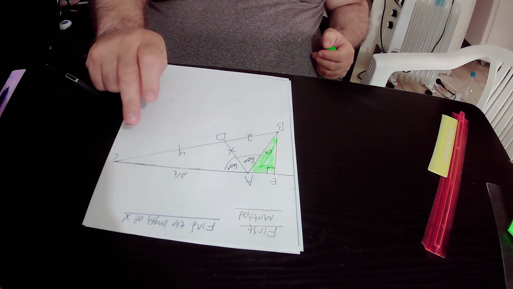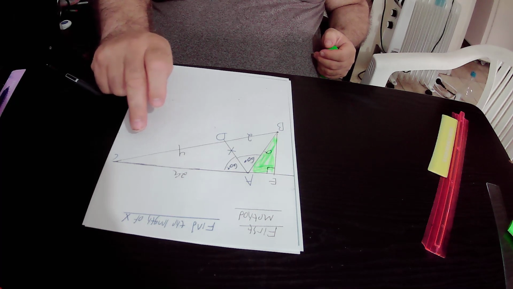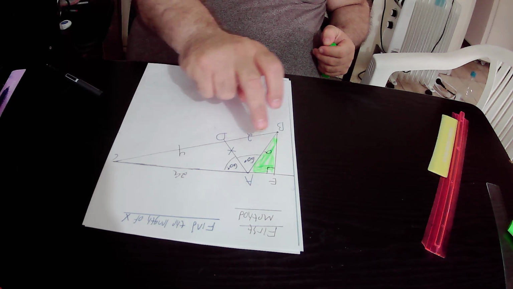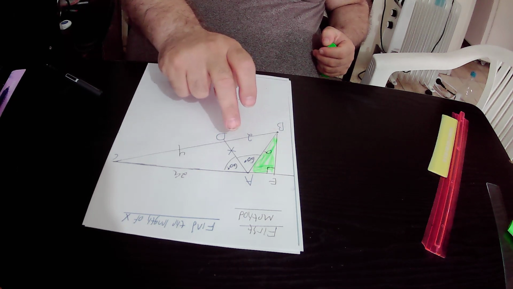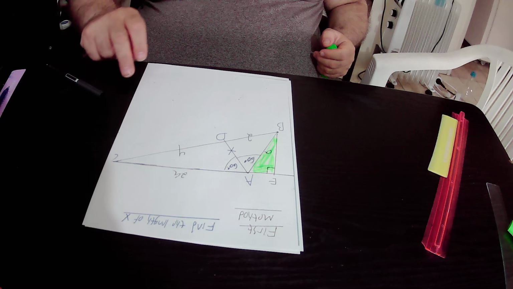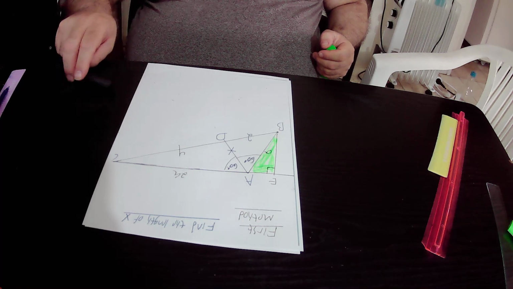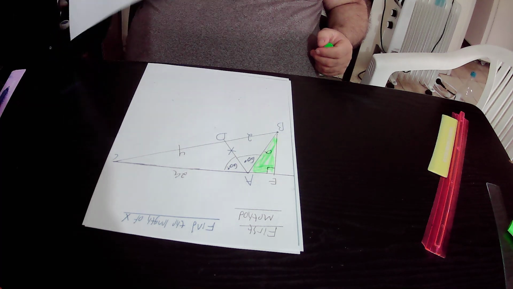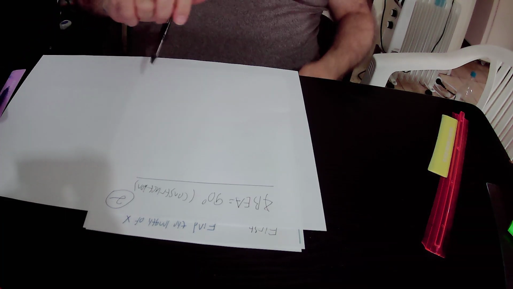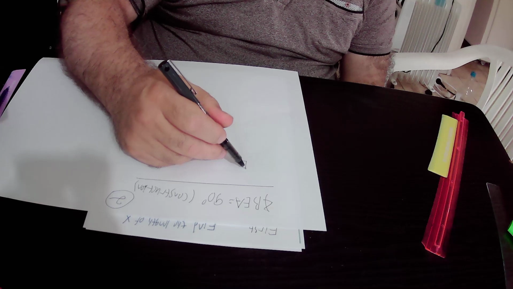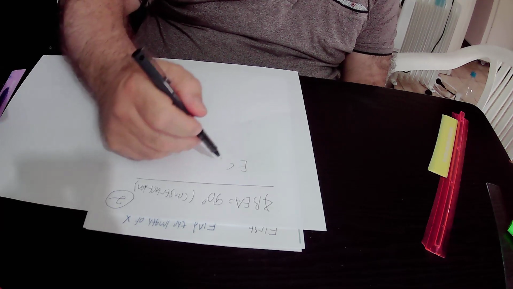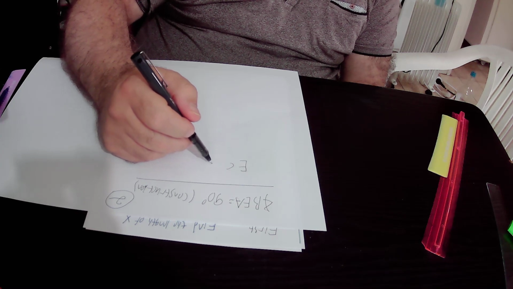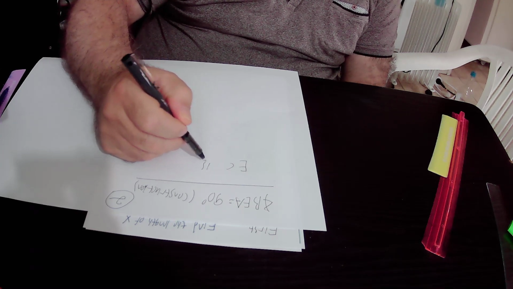So the result of the extension of CA by a straight line, which is CE, must also be a straight line. So you can conclude from it that CE is a straight line, or EC is a straight line, because when you extend a straight line by a straight line, the result must be a straight line. So EC is a straight line.